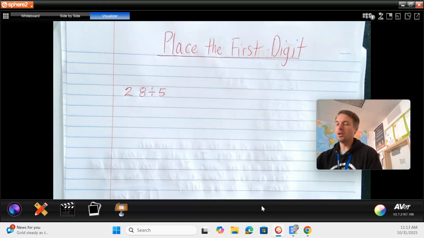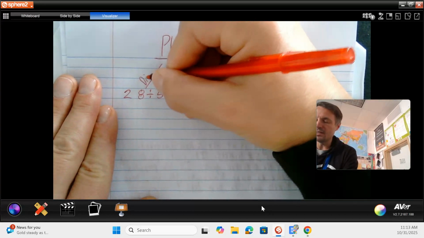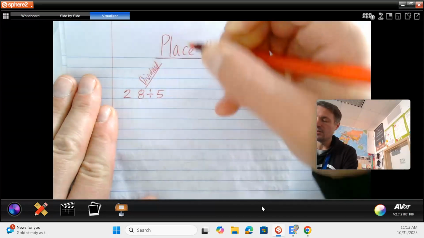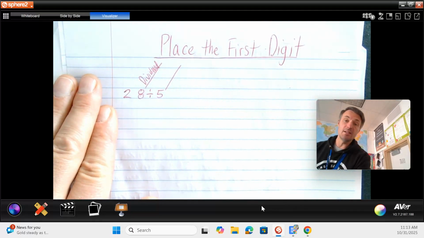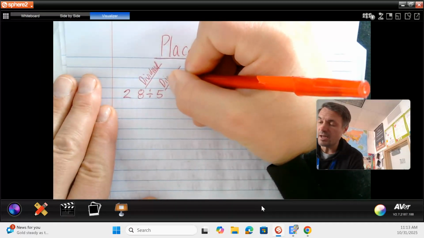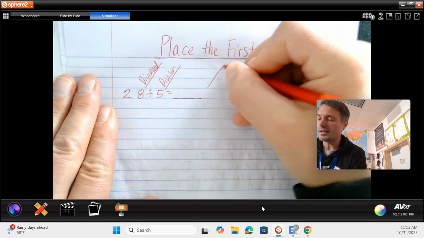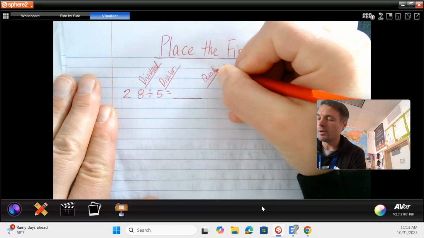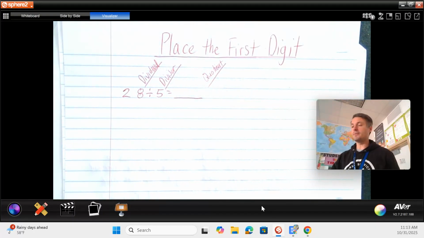Okay, remember 28, that's the number that's divided into parts. That's the dividend. 5, that's the number that divides into the dividend. That's the divisor. And whatever the answer is, that's the quotient. And remember, the quotient sometimes includes a remainder and sometimes it doesn't.